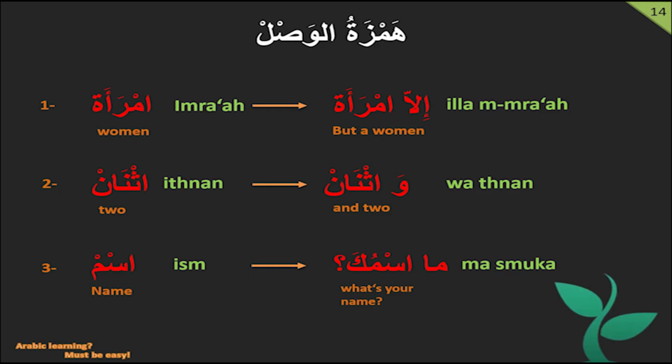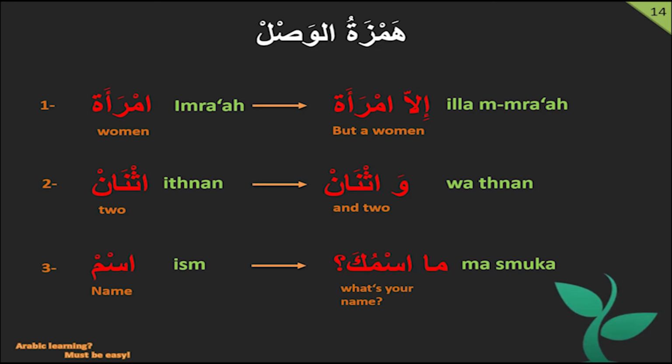Why not pronounced illa imra'a? Because the Hamza is Hamzatul wasl, so we only start immediately with the second letter of the word. In this example, the second letter is mim, so together pronounced illa imra'a.